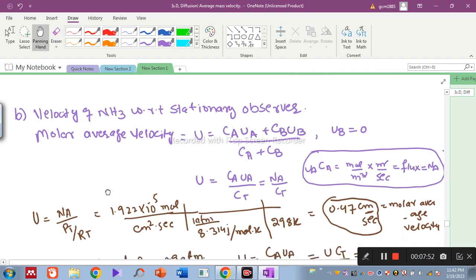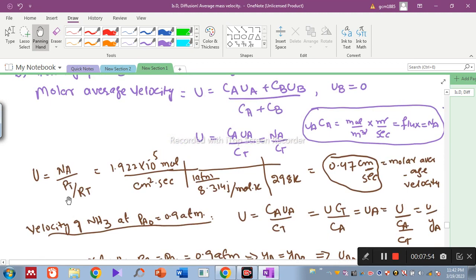Here we can put the value. Ca and UA is nothing but the molar flux of ammonia, so we put Na in place of Ca UA, divided by the total concentration.